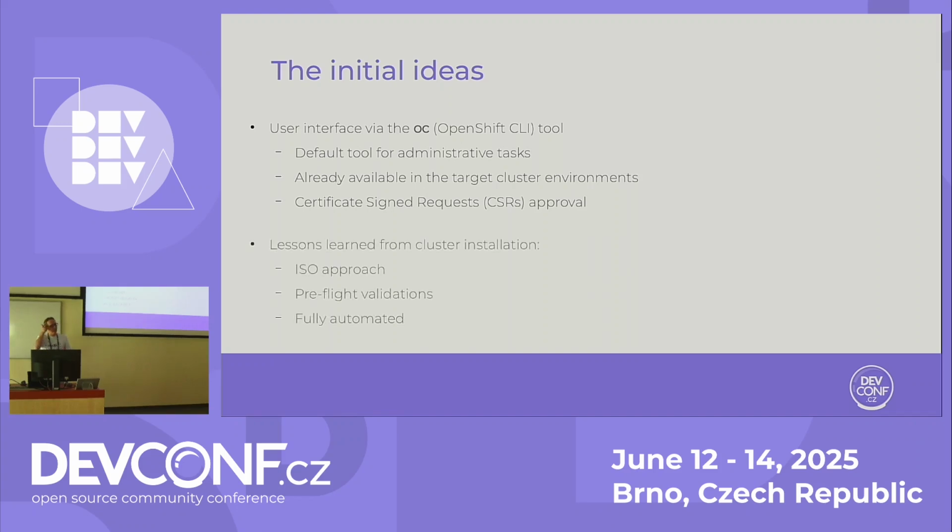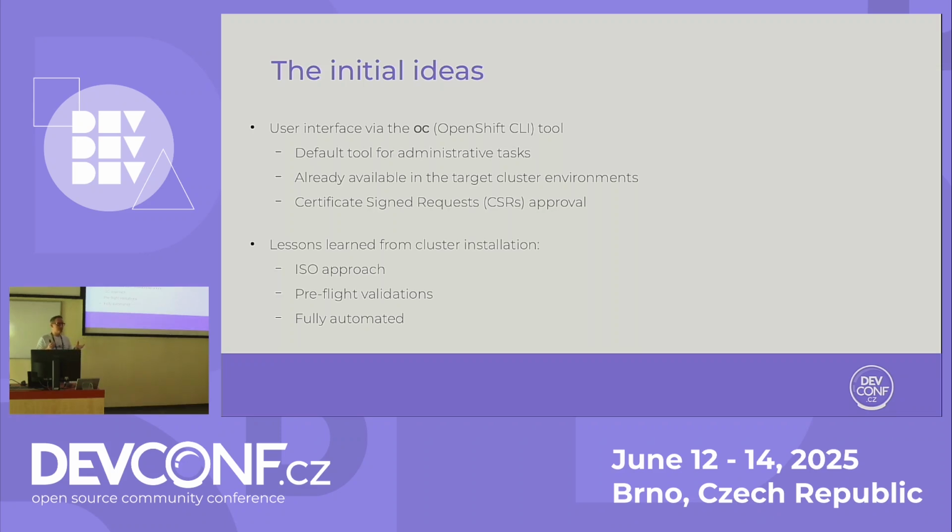The second pillar was, why don't we reuse the lessons, the good things that we saw worked in the installation part? Maybe someone of you has ever used the agent-based installer or the assisted installer. Yes. So what were the things that we saw worked well?